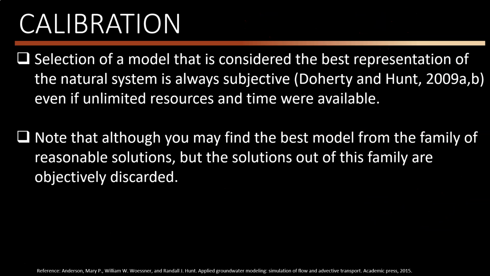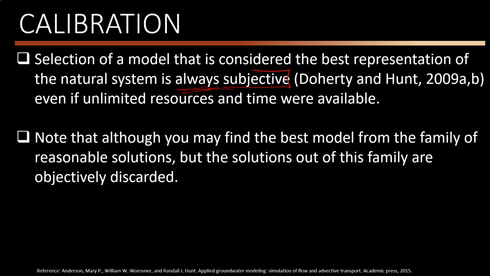Doherty and Hunt have explained this situation perfectly from my viewpoint. They say that the selection of the model that is considered the best representation of the natural system is always subjective, even if unlimited resources and time were available.